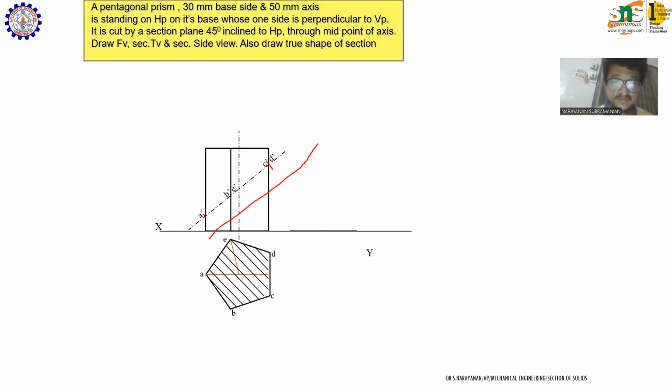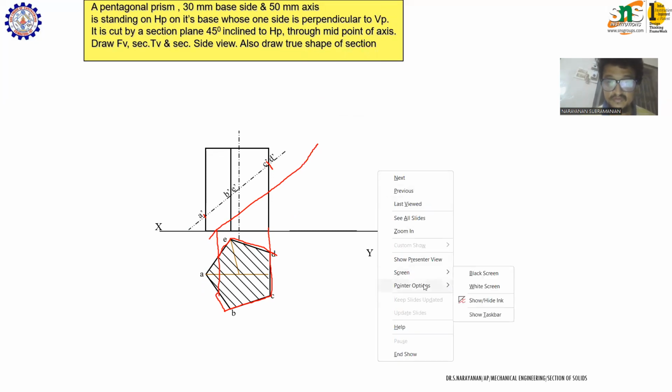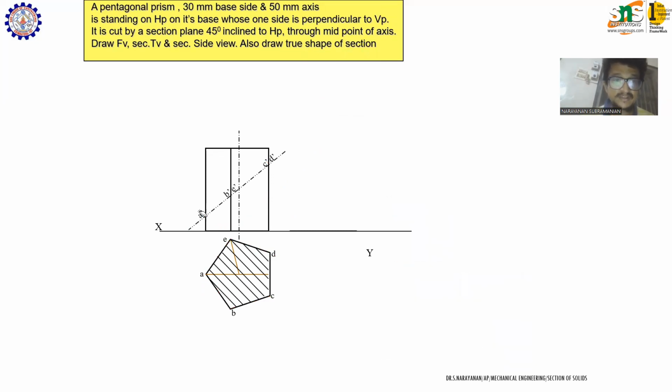In such a case, the shape of the section will be restricted like this, right? Whereas in this particular case, you can see the section points retain the two edges. It does not miss any edge. So it passes through all the edges of the prism, and the shape of the section remains a pentagon, right?